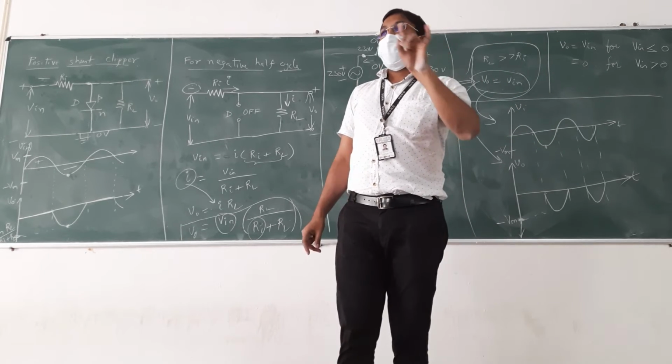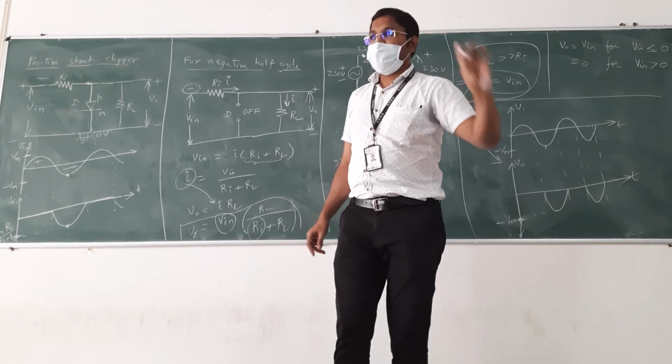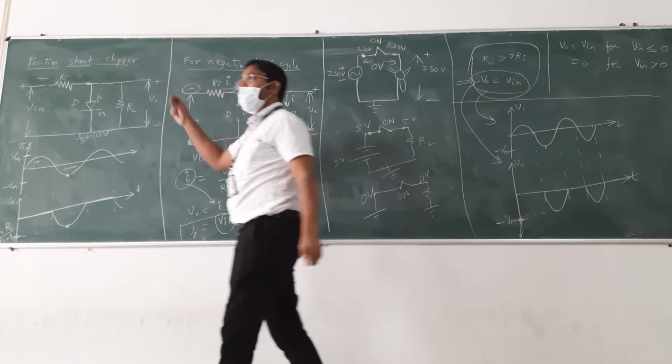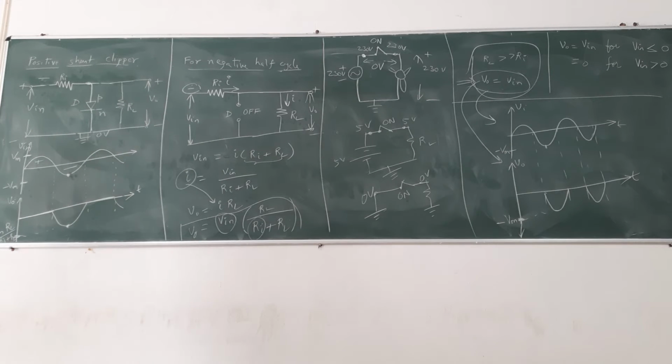The positive series clipper or positive shunt clipper waveform is the same, only the diode arrangement is different. So the transfer function will be the same. The transfer characteristics we have seen will be the same and not different.